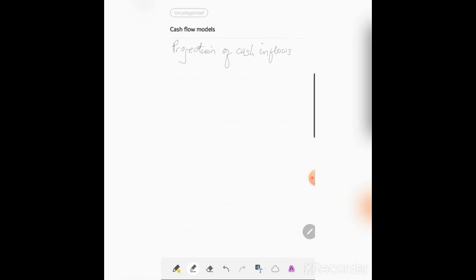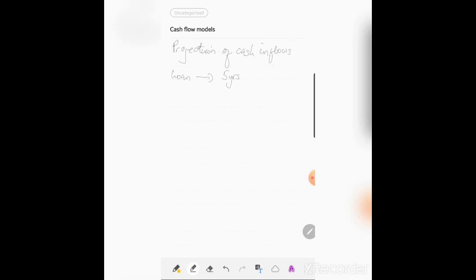Let's say I have lent, I have given a loan to someone for a period of 5 years.